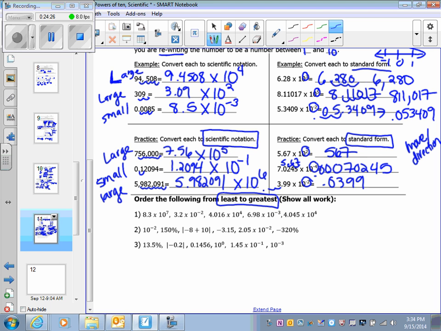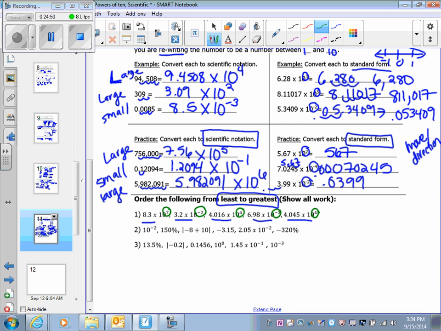Okay. If you look at number 1, you should notice that they're all in scientific notation. A little trick is you don't need to make these standard form. You could just look at the exponents. If I look at the exponents, I can order these numbers based on these exponents because none of the exponents are the same.